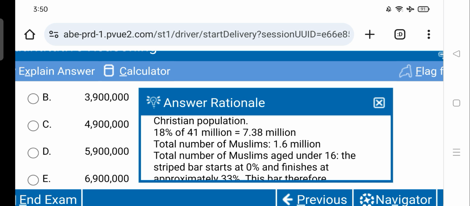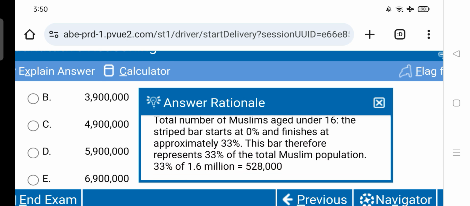Total number of Muslims is 1.6 million. So, total number of Muslims aged under 16: the striped bar starts at 0% and finishes at approximately 33%.